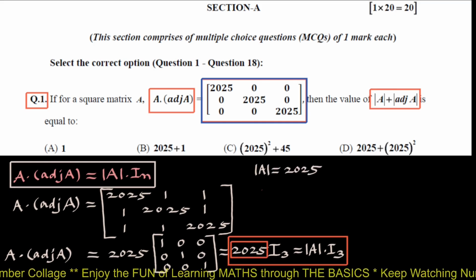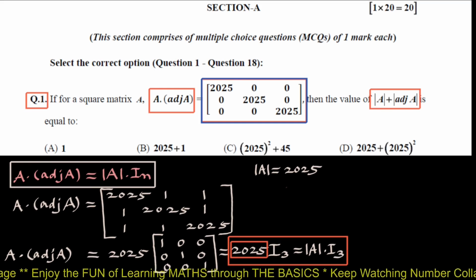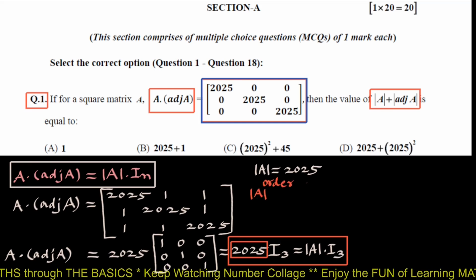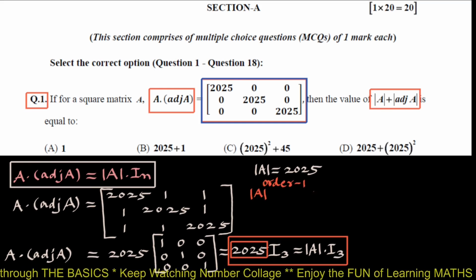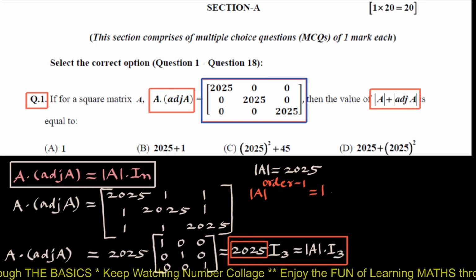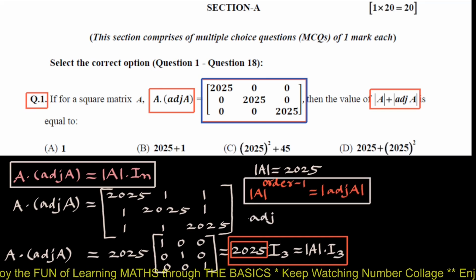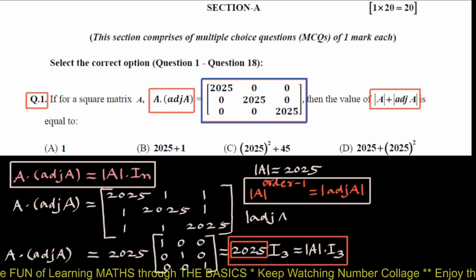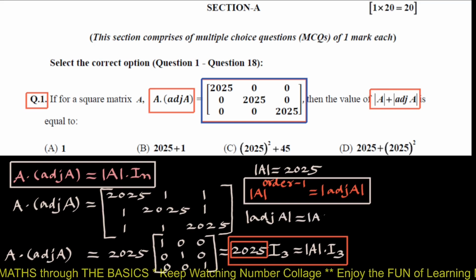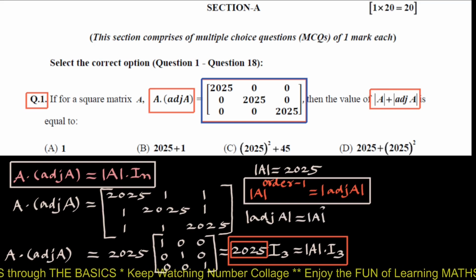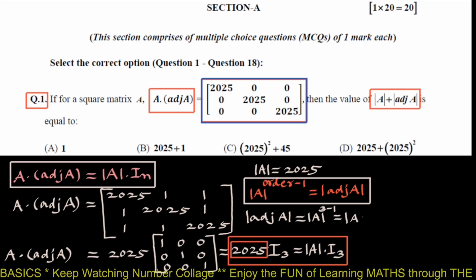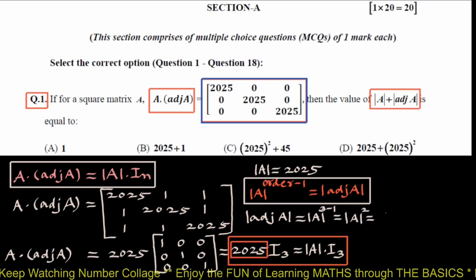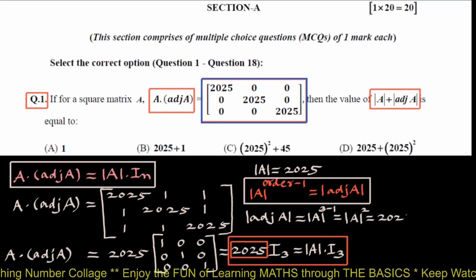Now we will use the first result that we have seen: determinant to the power of order of matrix minus 1 equals determinant of adjoint A. So determinant of adjoint A will be determinant A to the power 3 minus 1, determinant of A square, that will be 2025 square.